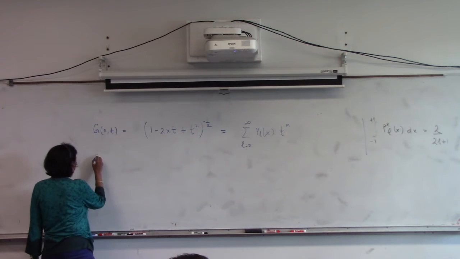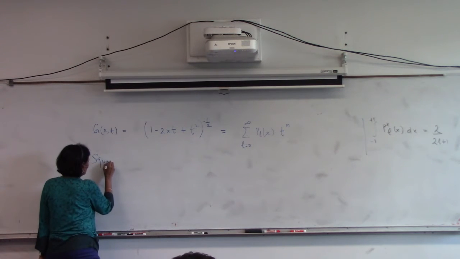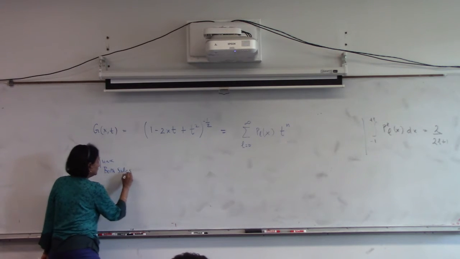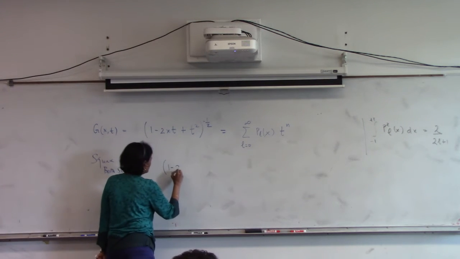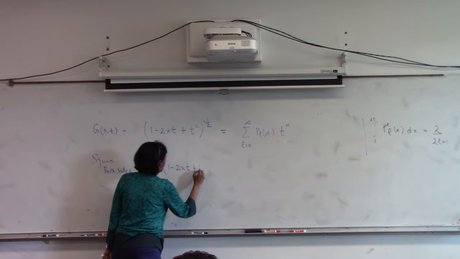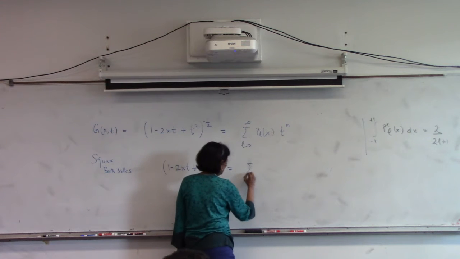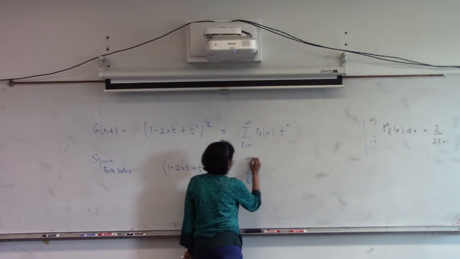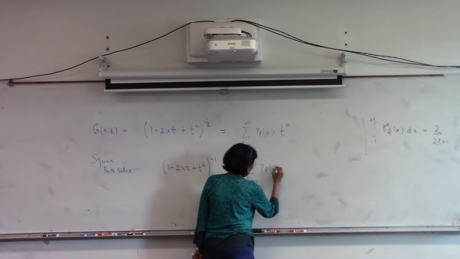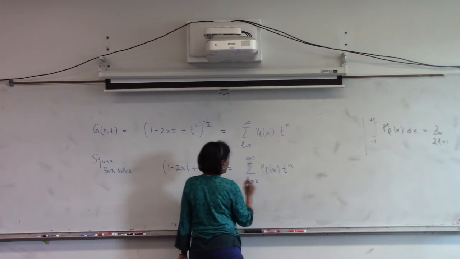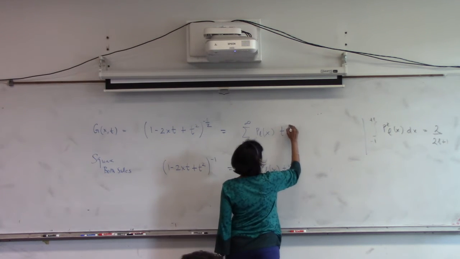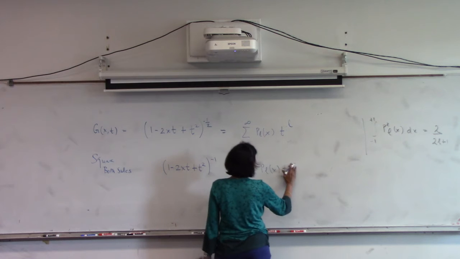So if you square both sides, one minus 2xt plus t squared, same power, right?